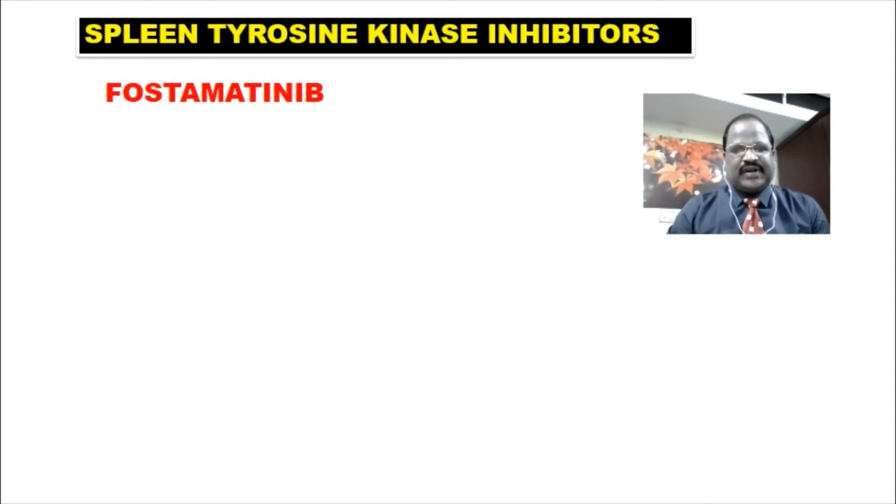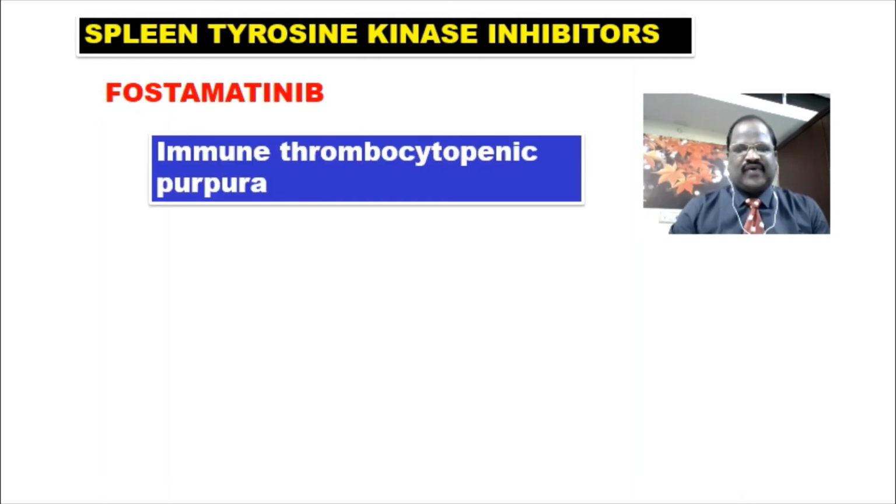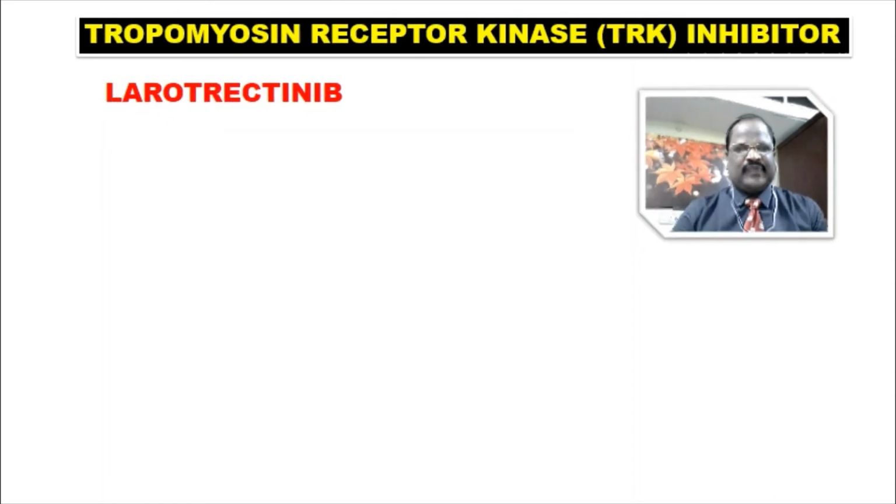The next important one, spleen tyrosine kinase inhibitor, a drug called fostamatinib. Fostamatinib is useful for treatment of immune thrombocytopenic purpura. It is called spleen tyrosine kinase inhibitor. Then tropomyosin receptor kinase, called TRK inhibitor.